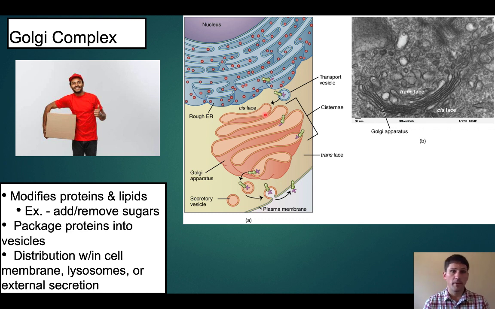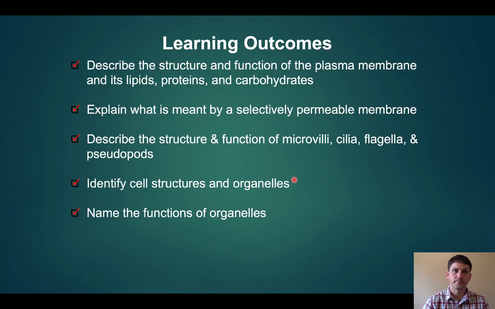So adding and removing sugars, and again packaging it so that now it's ready to be sent out and distributed either to the cell membrane or within the cell or externally into the external environment. And so you can see here that this cell has a little protein that is being made that's going to be embedded into the plasma membrane. So that might be a glycoprotein or something.